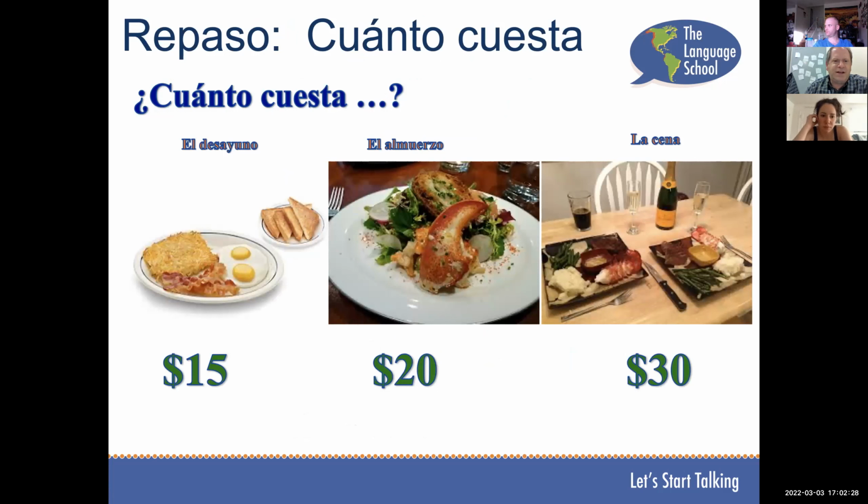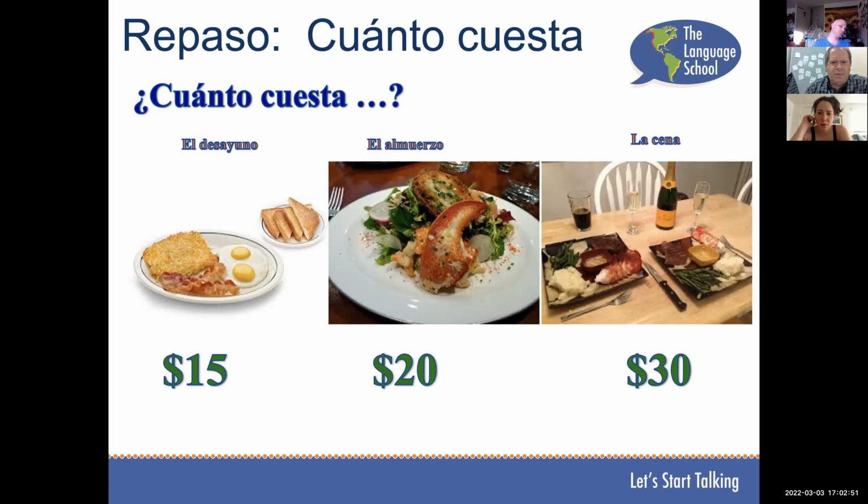¿Cuánto cuesta el desayuno? El desayuno es $15. ¿Cuánto cuesta el almuerzo?